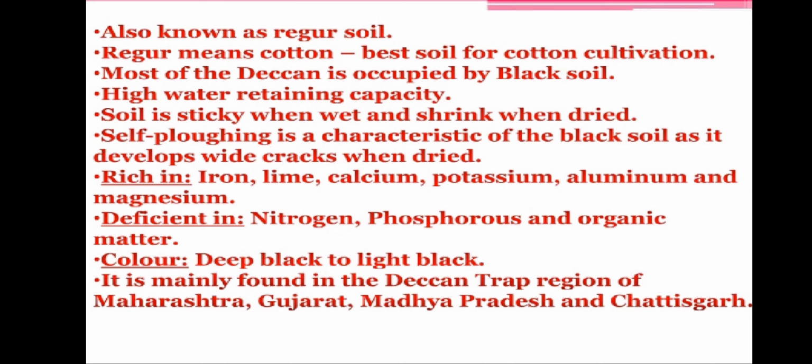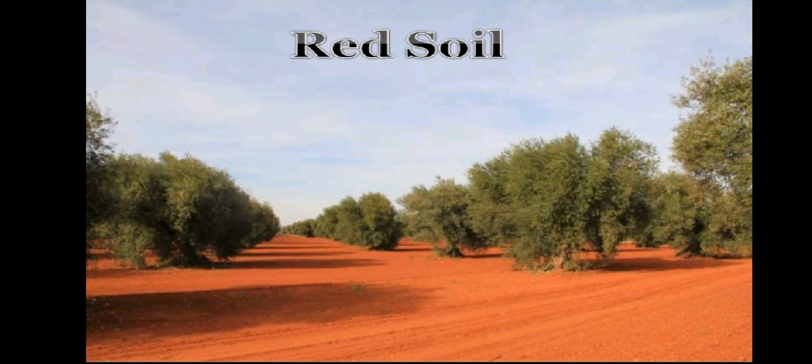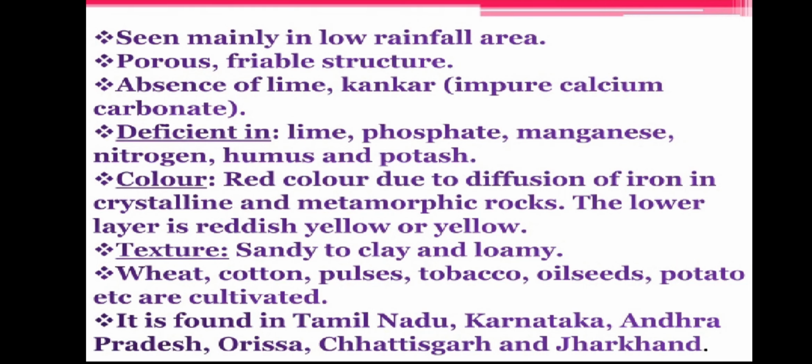Now, next type of soil is your red soil, or you can call it yellow soil also. Red soil develops on crystalline igneous rock in areas of low rainfall in the eastern and southern parts of Deccan Plateau.